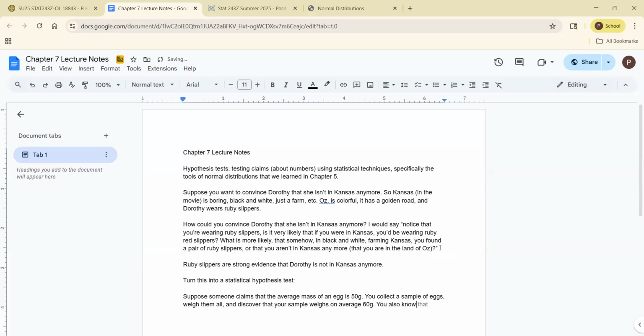You also know that the variability within your sample, as measured by the standard deviation of the sample, is quite small. Let's say 2 grams to either side.